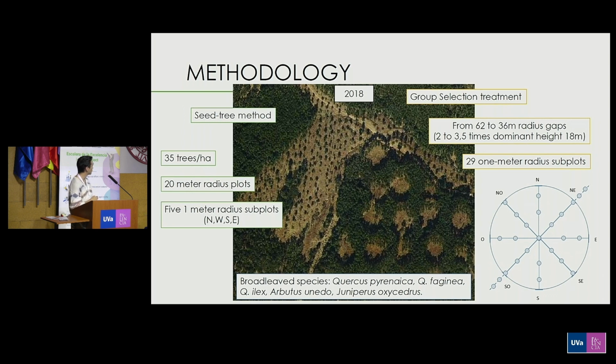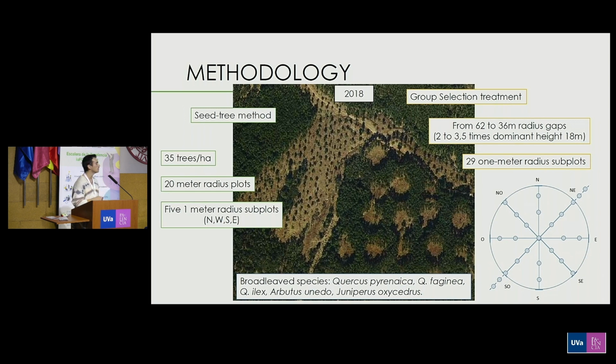In the seed tree method, we placed 14 20-meter radius plots here, and we left 35 trees per hectare. And inside of those 20-meter plots, we placed 1-meter radius subplots, corresponding to the north, west, south, and east, and the center of the plot.